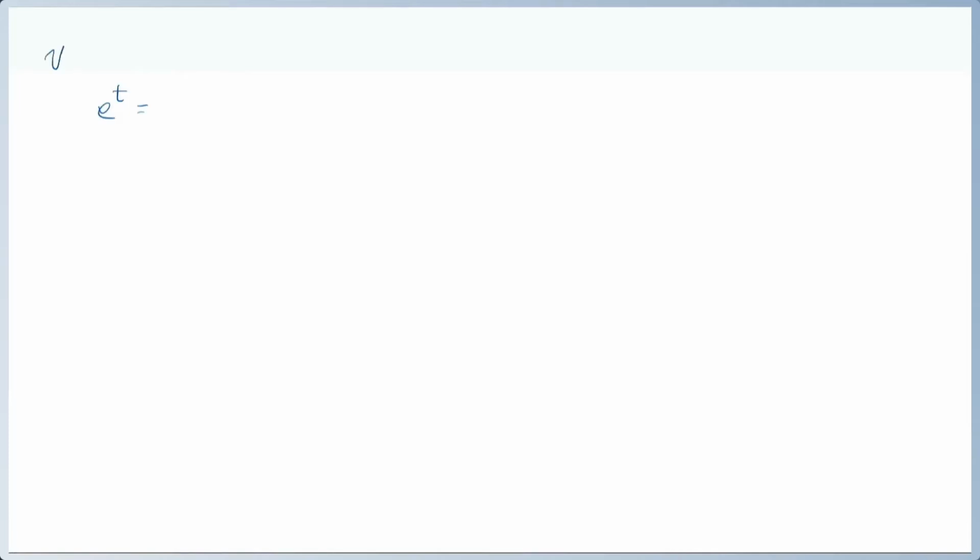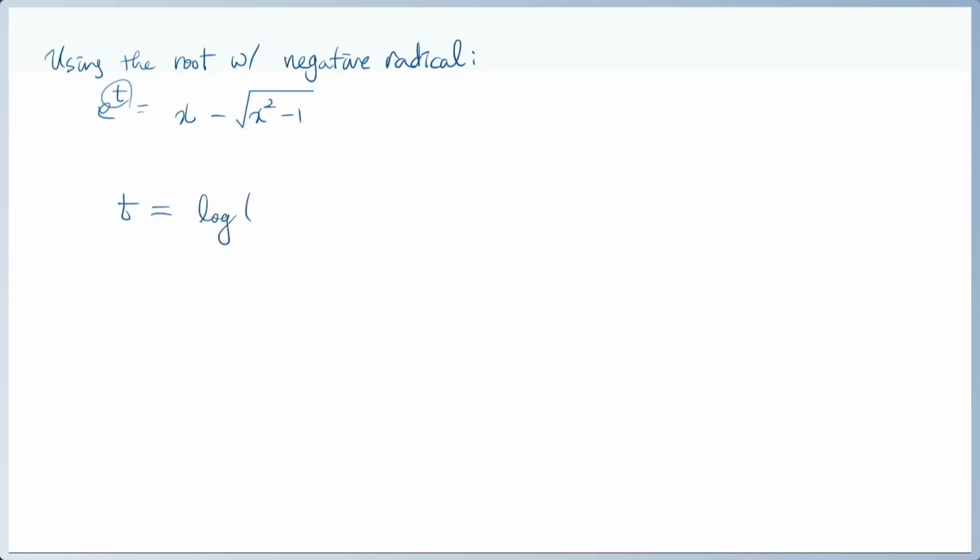Using the negative square root, or negative radical, we get e to the t equals x minus root x squared minus 1. So in order to isolate t, we apply natural log. So t is equal to log of x minus root x squared minus 1. Okay, so this is the formula that you see in the problem.